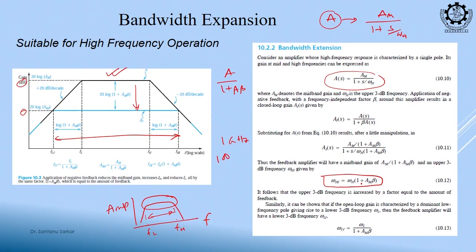We are doing the calculation and seeing this structure, where 1 plus S into this omega factor is now multiplied with 1 plus A beta. So what is the meaning? My 3 dB frequency is increased by the same factor by which the gain was reduced.